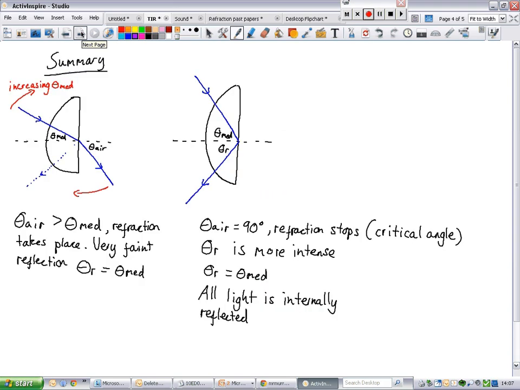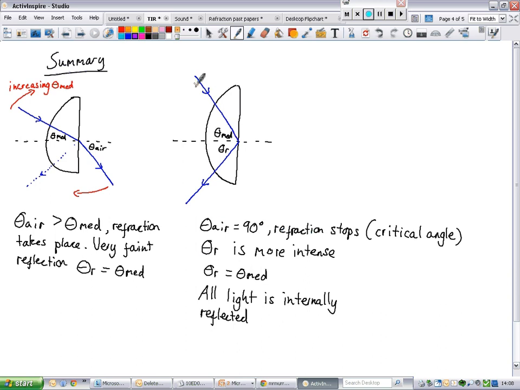So in summary, we increase the angle in the medium round like this. As we do that, we start to get a brighter reflected ray, and the refracted ray becomes dimmer and dimmer as we move round towards this 90 degrees. At that 90 degrees, we come up with a critical angle. That's the angle at which no refraction occurs. When theta in air is 90 degrees, refraction stops at that critical angle.